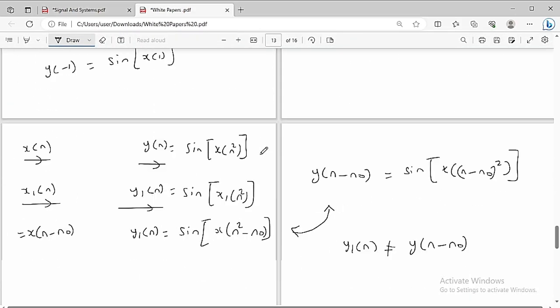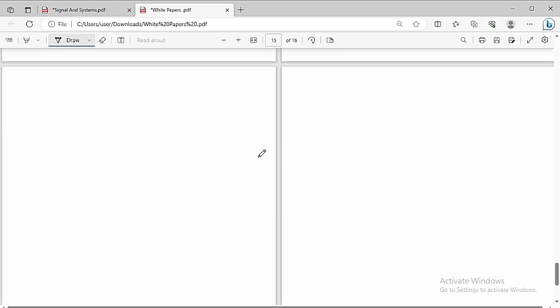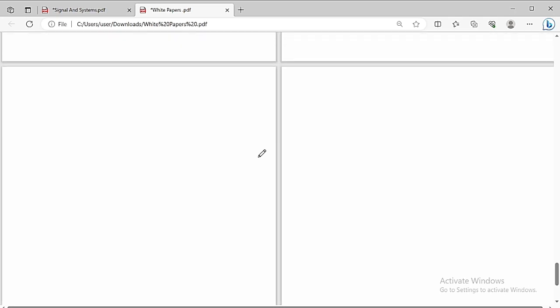Let me explain this concept in a more detailed fashion. Suppose you take some LTI system, the impulse response is h of t and the input is x of t. What is the output? The output is y of t is equal to x of t convolved with h of t.